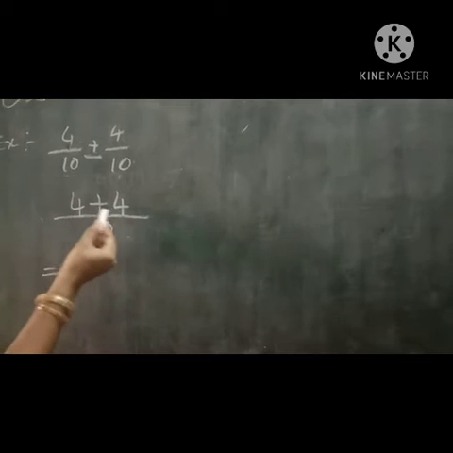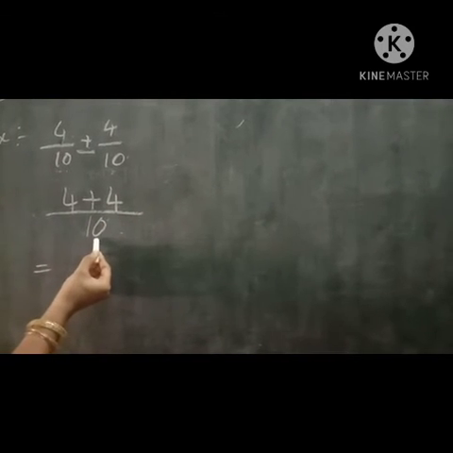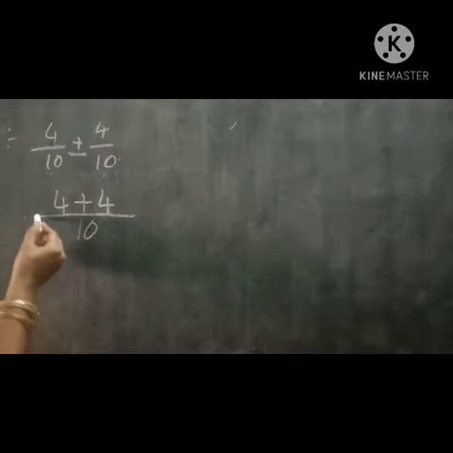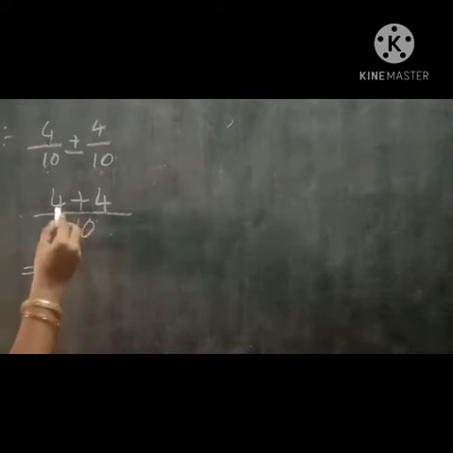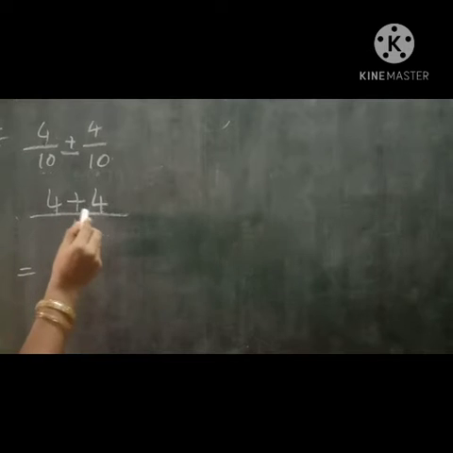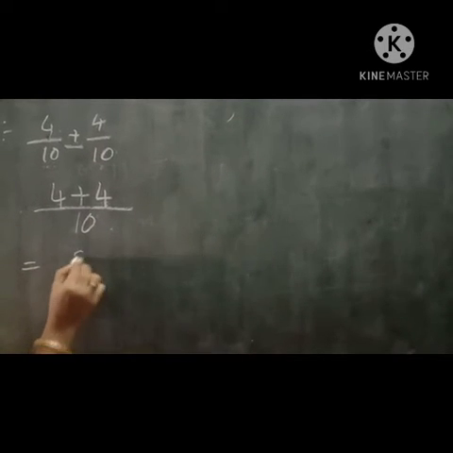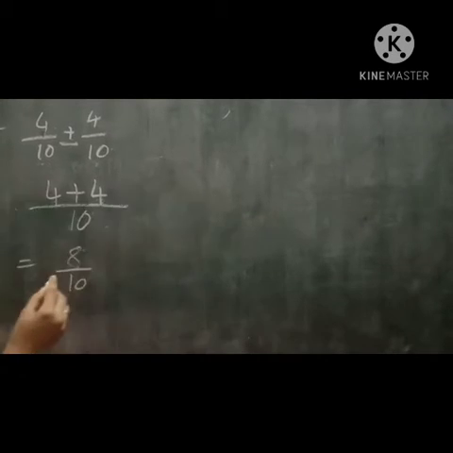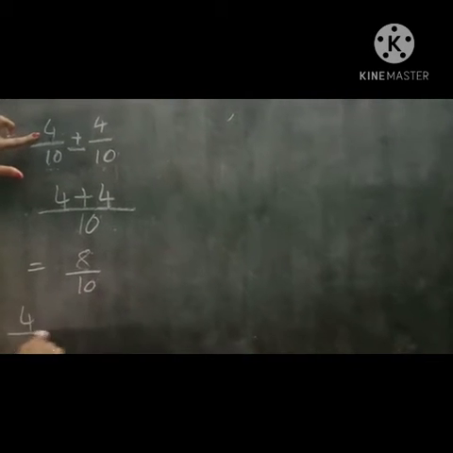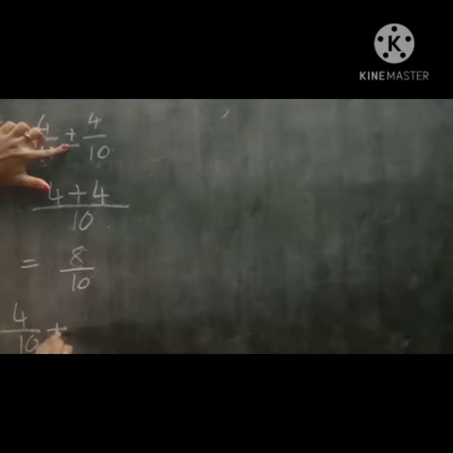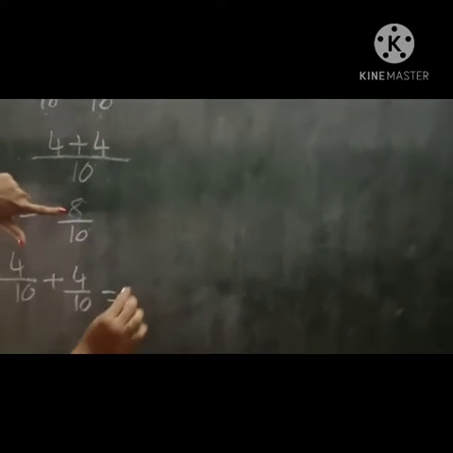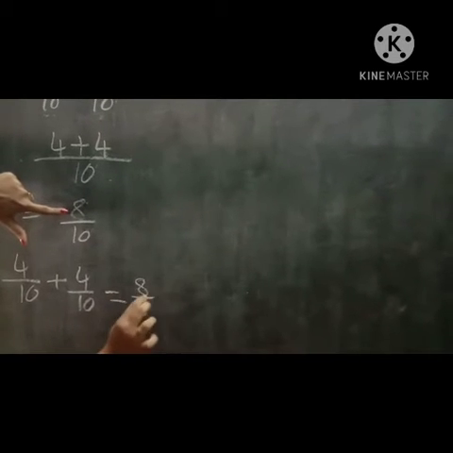Total how much? 4 plus 4 by 10. 4 plus 4 is equals to how much? 4 plus 4 is equals to 8. What is the denominator number? By 10. Now see children, what is the question? 4 by 10 plus 4 by 10 equals to, what answer do we get? 8 by 10. Okay, children?